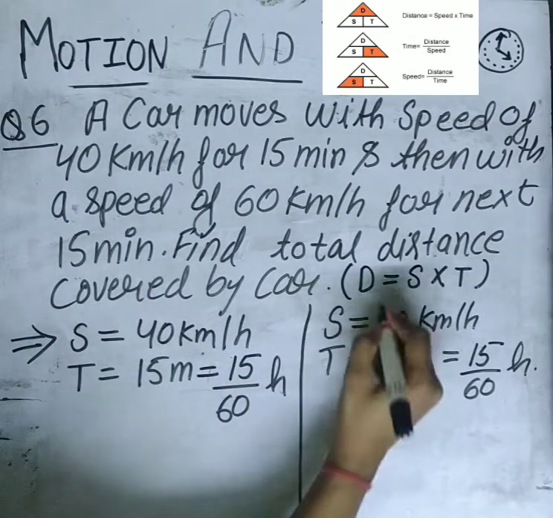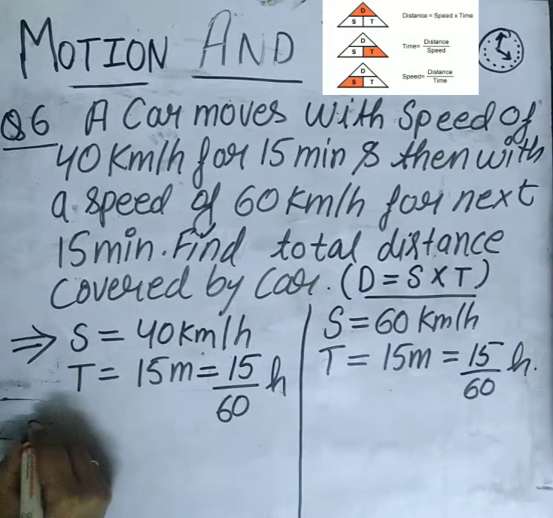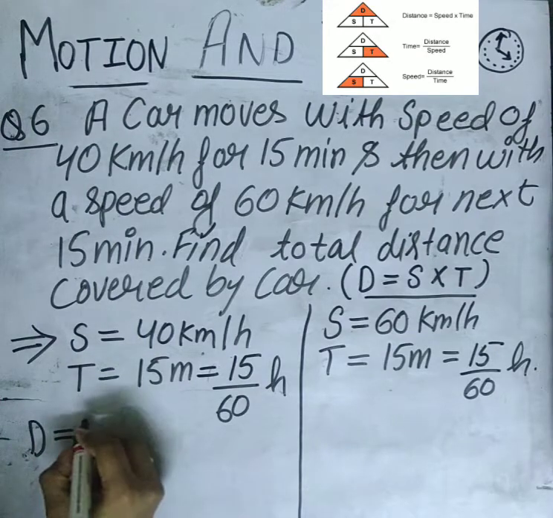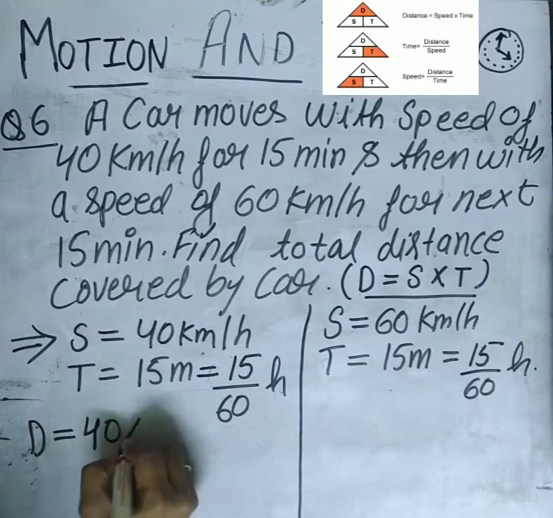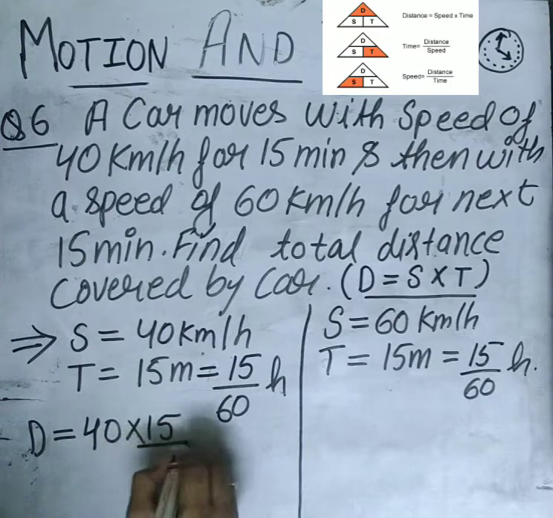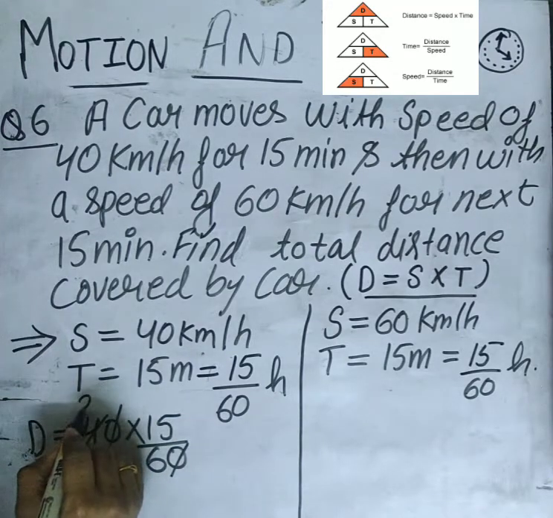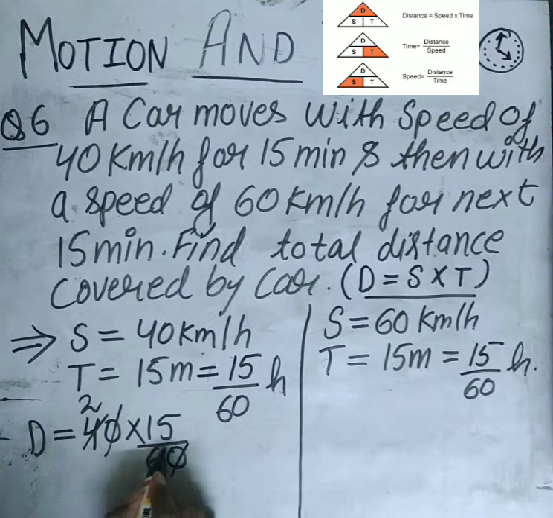Now we will put it in this formula. So our distance is equal to speed 40 and time 15/60. Easy calculation, 0 and 0 will get cancelled. Then 4 and 6, if we cut with the help of 2, here it would be 2 and here it would be 3.